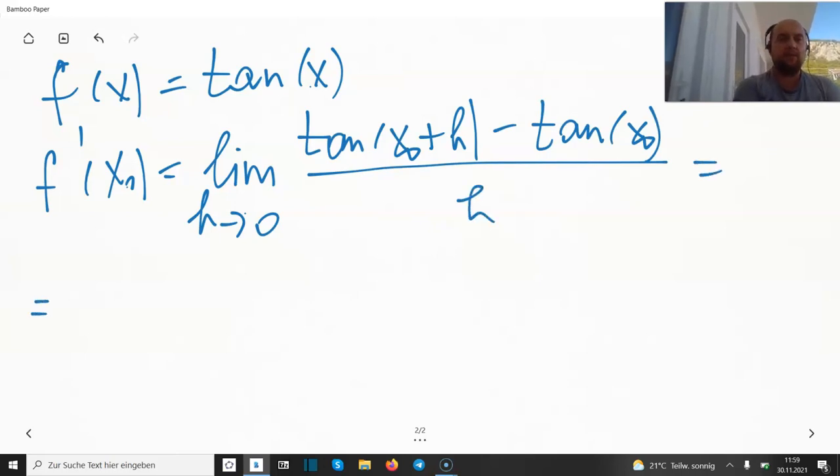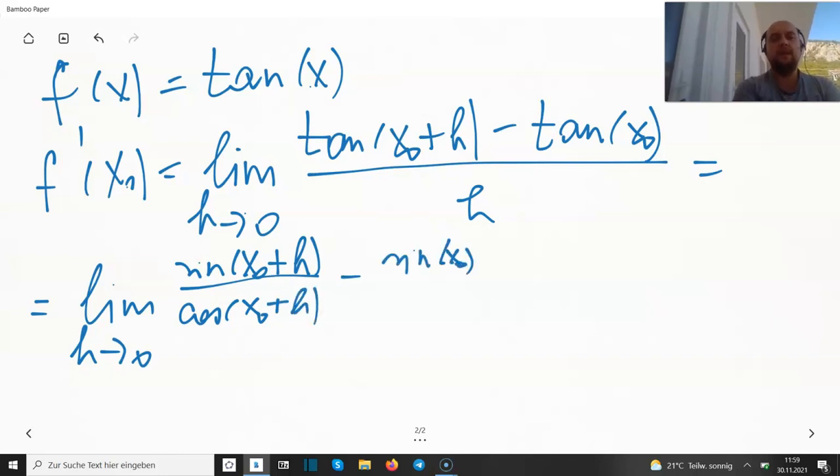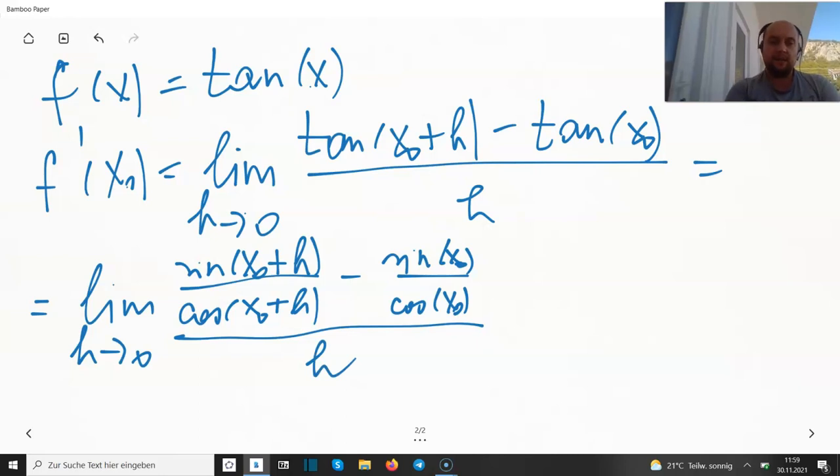Now let's once again remember the definition of the tangent. That means we are having two fractions now, so we have sine of x0 plus h divided by the cosine of x0 plus h minus sine of x0 divided over cosine of x0, divided over h again.